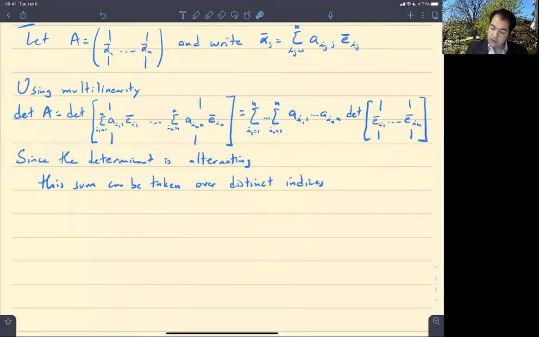This determinant is going to vanish anytime there's a repetition among these columns. So I could restrict this sum so that I'm not summing over all possible indices, each one going between 1 and n, but only over distinct indices. So I have to have no repetitions. Well, that's the same as saying that you're summing only over permutations.